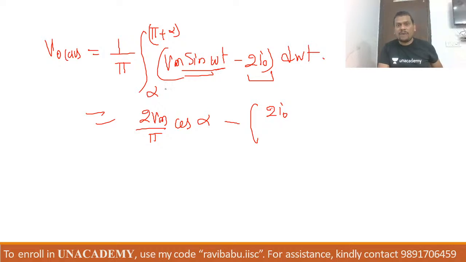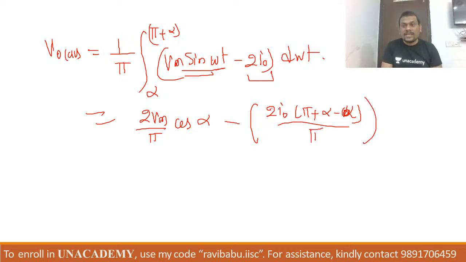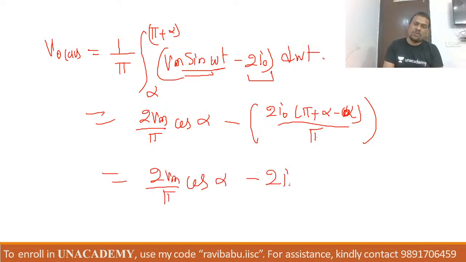Integration limit pi plus alpha minus alpha, divided by this pi also. So it is nothing but minus of 2 I naught, with limit pi plus alpha minus this, divided by pi. So we can write 2 Vm by pi into cos alpha minus 2 I naught.